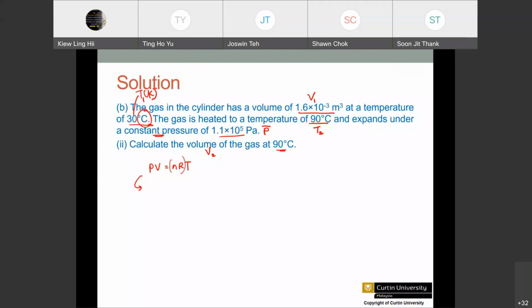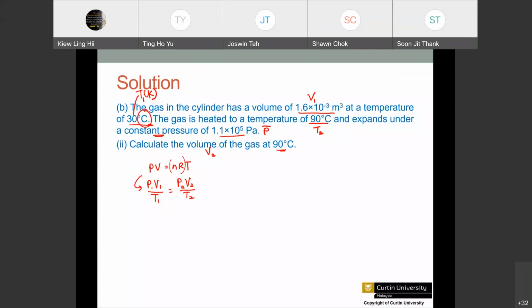So we can have PV over T, right? P1 V1 over T1 equals P2 V2 over T2. This is our ultimate calculation for the ideal gas law.